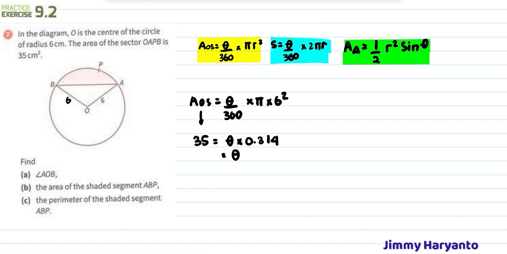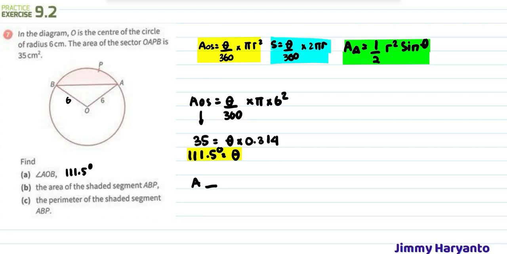So theta equals 35 divided by 0.3142, which is 111.5 degrees. So this is the angle AOB, 111.5 degrees.